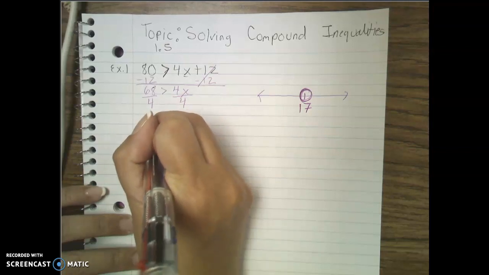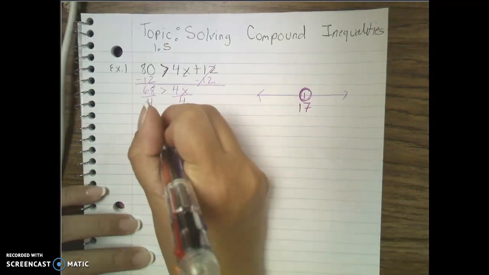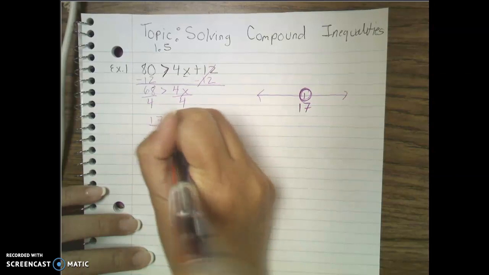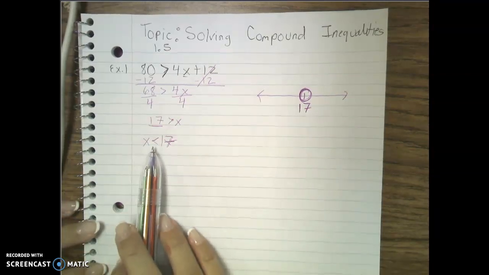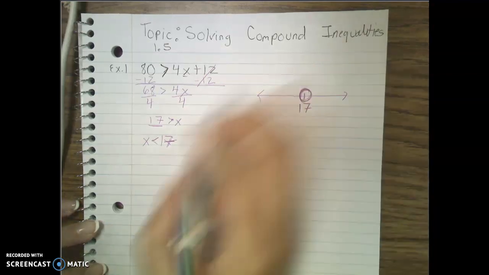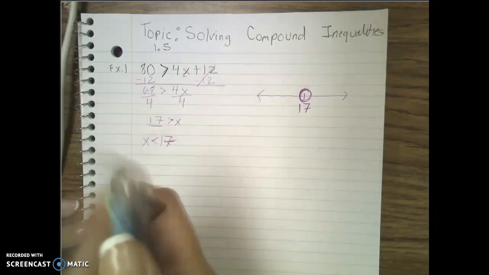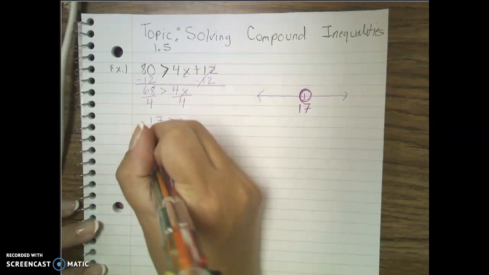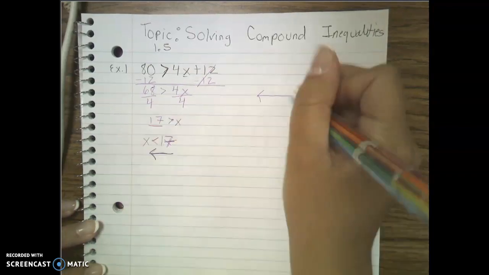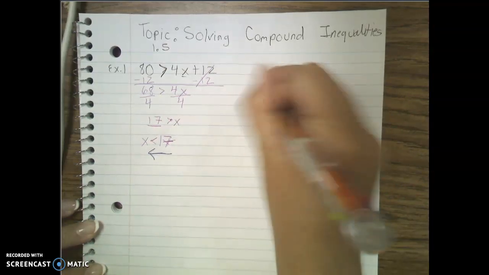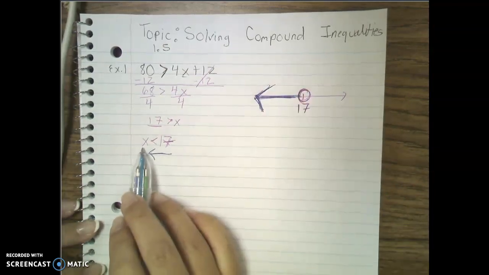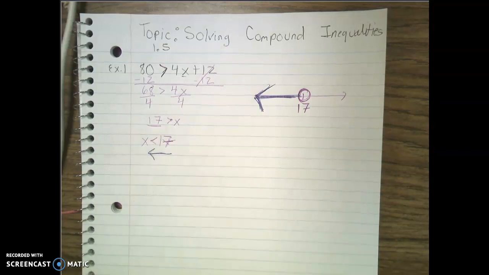So I'm going to make the little point pointing towards the x, and then I have 17 over here. Okay? So now this says x is less than 17. So since it's less than, see which way my arrow is pointing? My arrow is pointing to the left, so I'm going to shade to the left. And you can only use this arrow method if your variable is on the left.